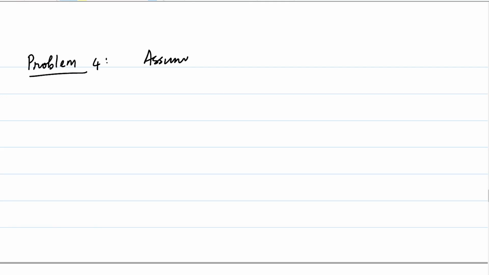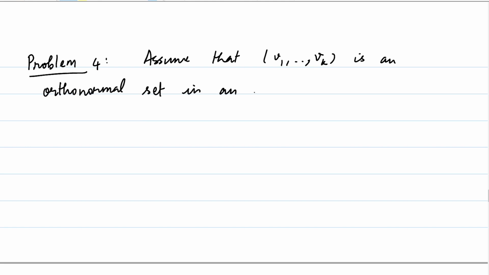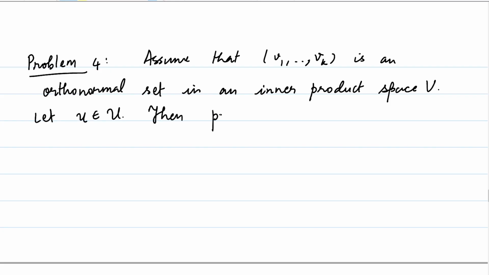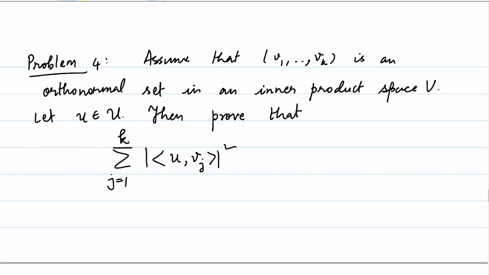Assume that v1 to vk is an orthonormal set in an inner product space V. Let u be some arbitrary vector in V. Then prove that the summation from 1 to k of the absolute value of the inner product of u with vj, squared, is less than or equal to the length of u squared.